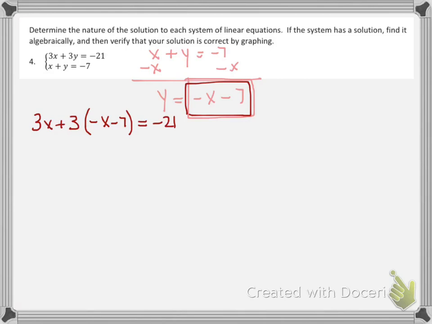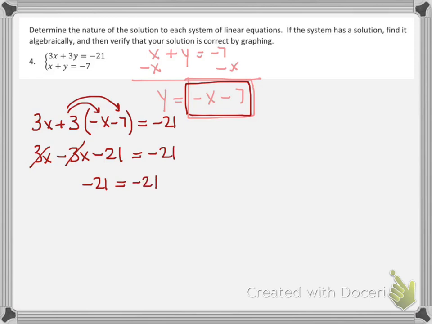All right, now we'll simplify. 3 times the negative x is a negative 3x. Oh, you can see what's going to happen. 3 times the negative 7 is a negative 21, and that's equal to negative 21. The 3x and the negative 3x cancel out, and we get negative 21 equals negative 21. And that's true, and so that means this has infinitely many solutions.